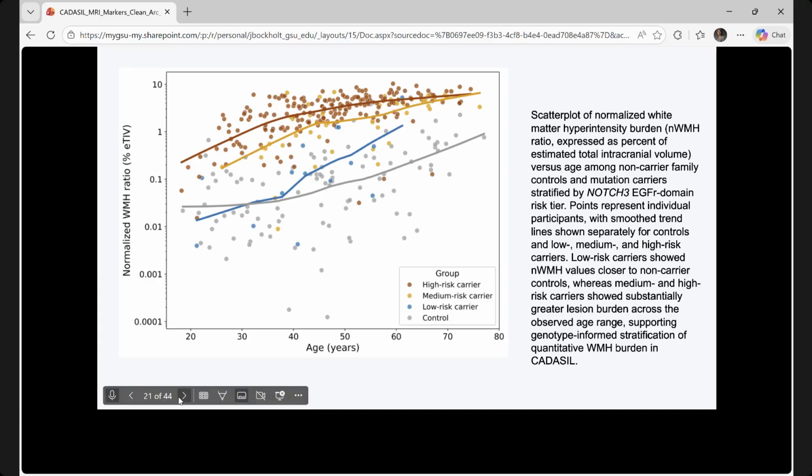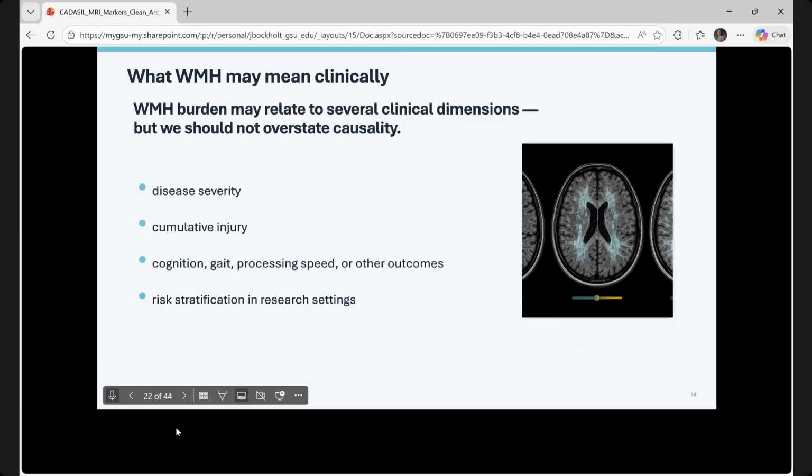Next slide. So white matter hyperintensity lesions can relate to several clinical dimensions, but we don't necessarily want to ever state that the lesion is what's causing that clinical symptom or finding. They're associated with each other, but we've got a lot of work to do before we say one causes the other.